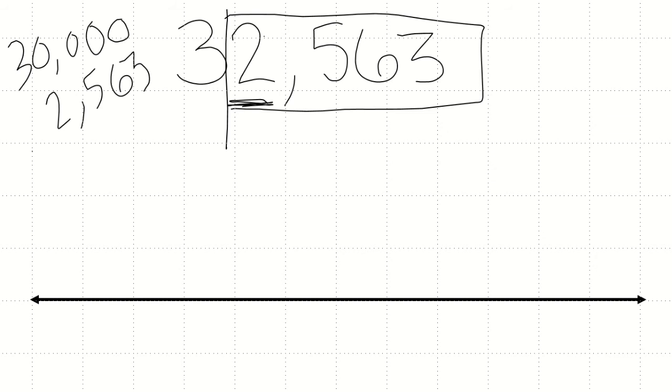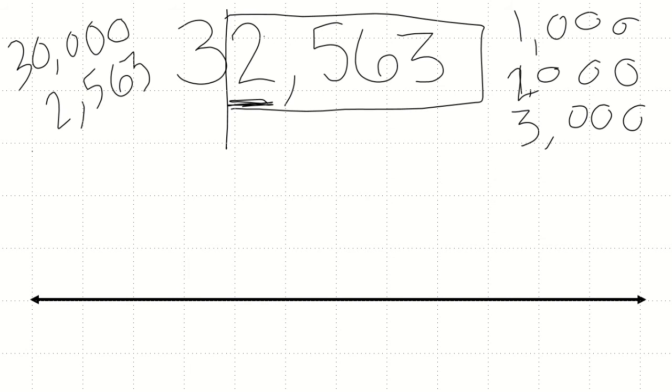2,563. Since I'm rounding to the thousands, I'm now thinking about multiples of 1,000. 3,000, and so on. So which two thousands would 2,563 be between?